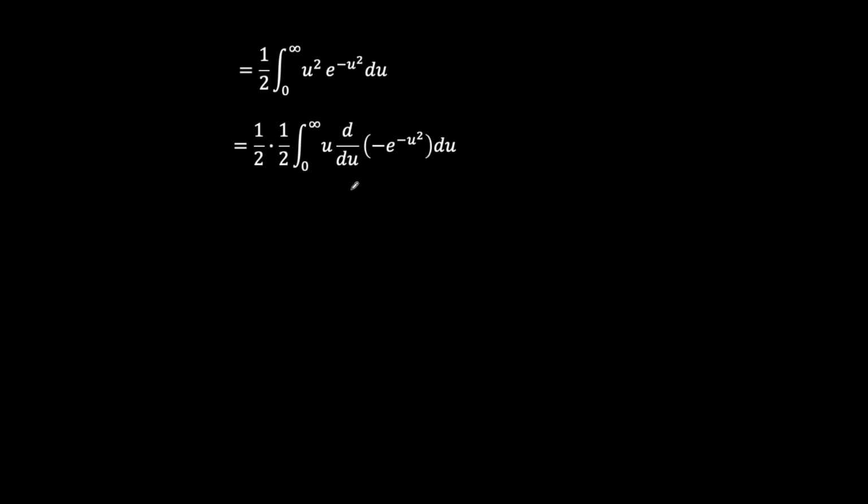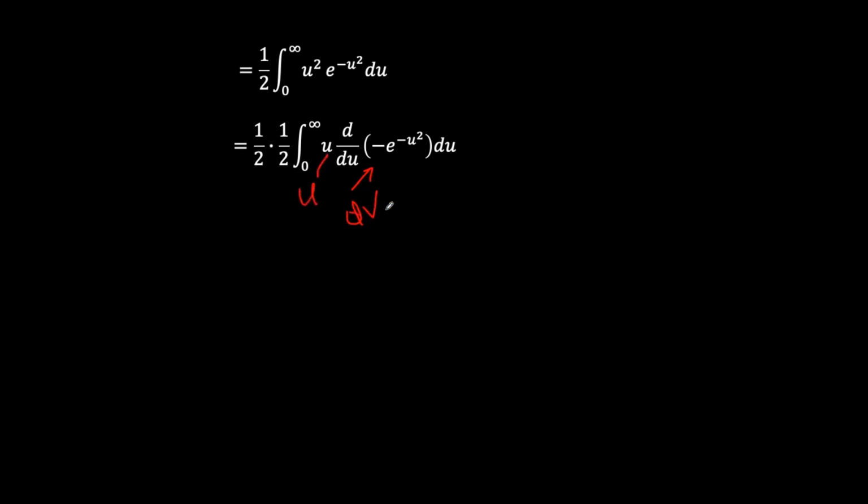Now this can also be expressed as half times half of the integral from u equals 0 to infinity of u times the derivative of negative e to the power negative u squared. So we can use integration by parts, taking this to be our dv, and this to be our u.